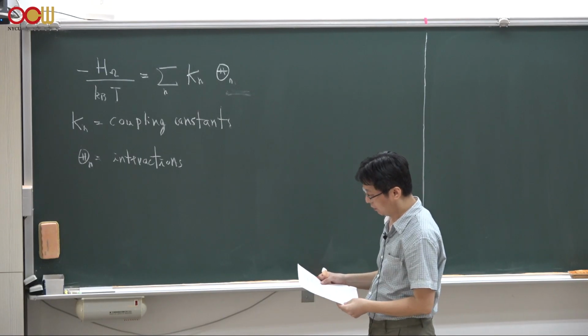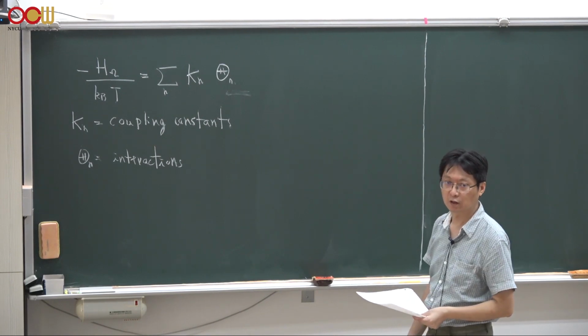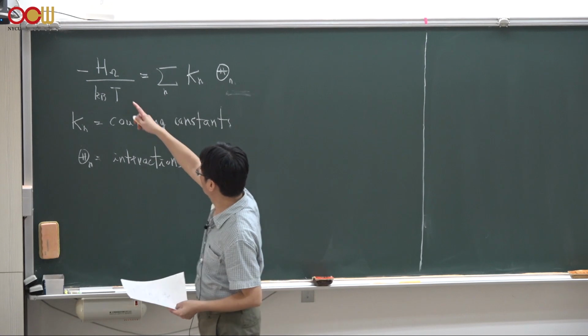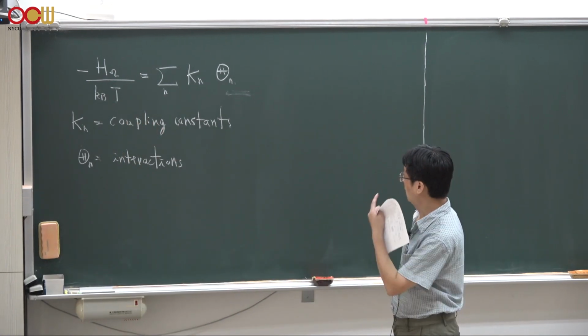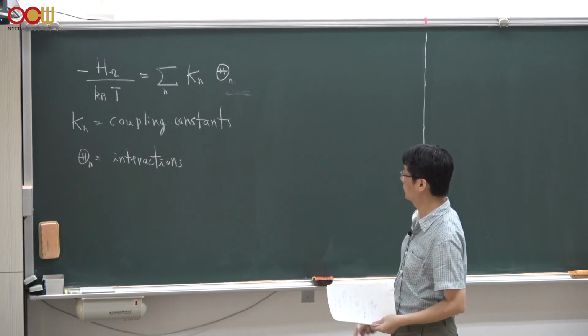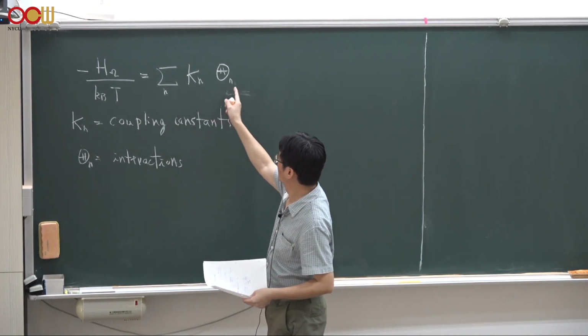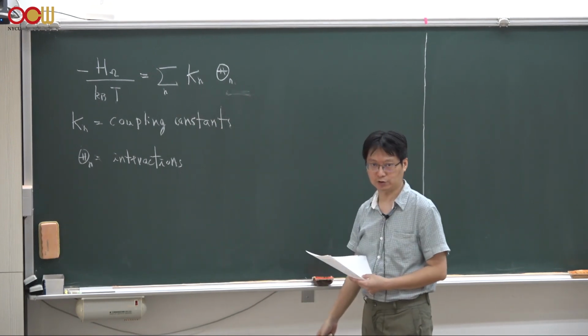Let's look into more details when we compute this partition function of a finite size system. H is a Hamiltonian defined in the finite region omega, and we can define this Hamiltonian as a combination of a coupling constant multiplied by the interactions.